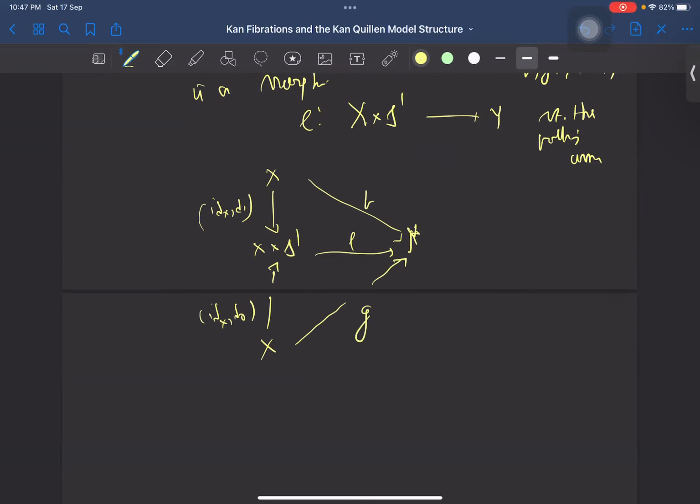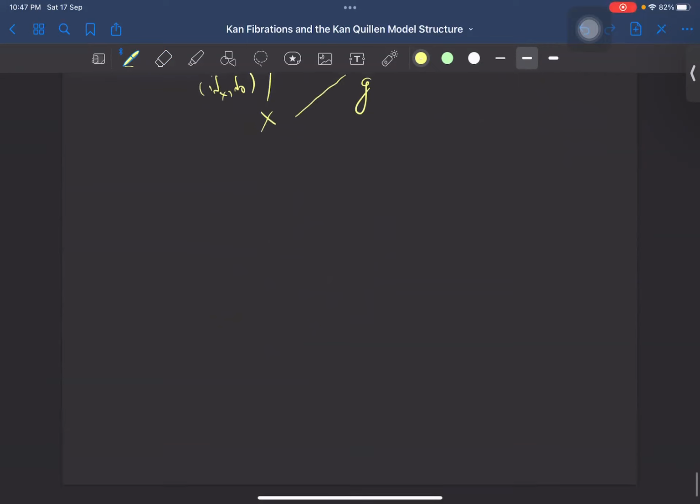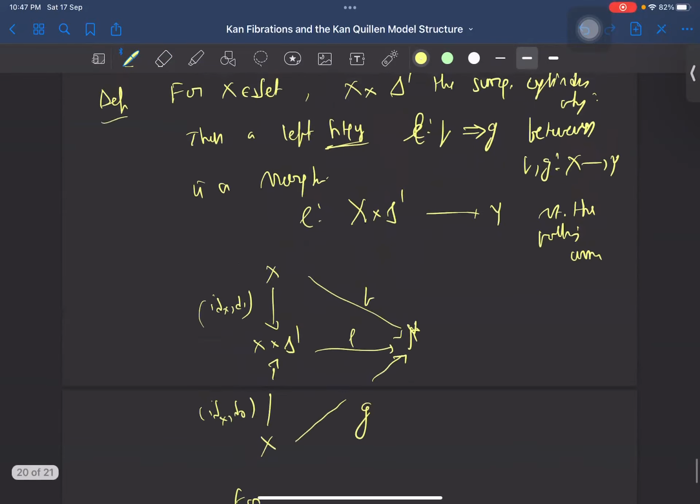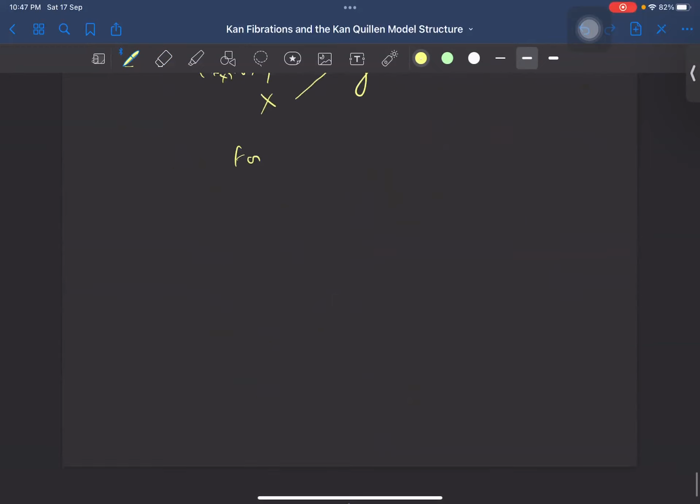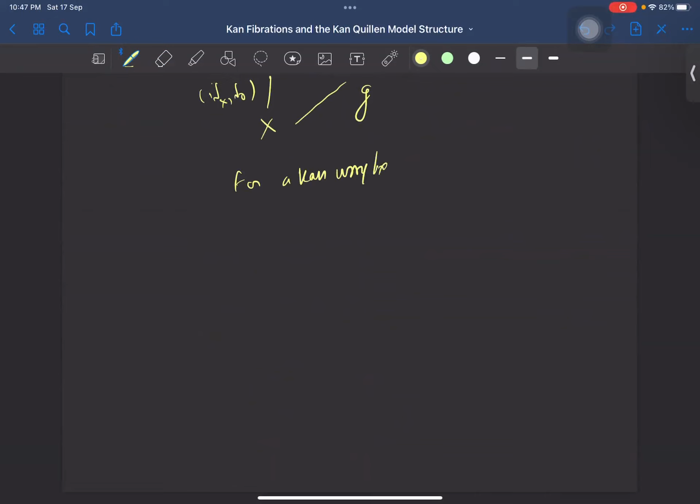So similar to a simplicial cylinder object, for a Kan complex, let me call it X, its simplicial path object is the function complex.